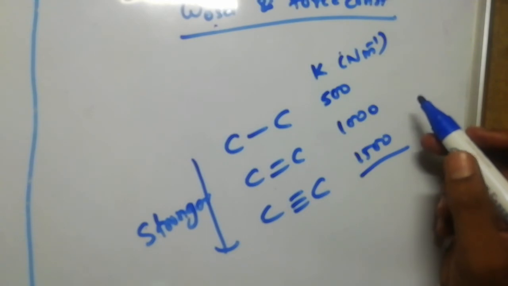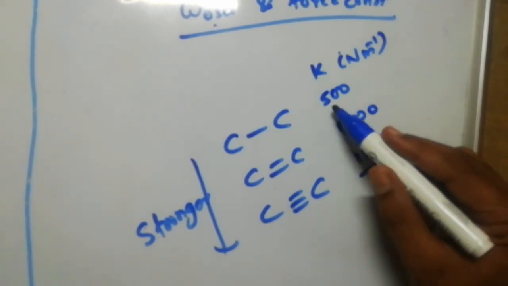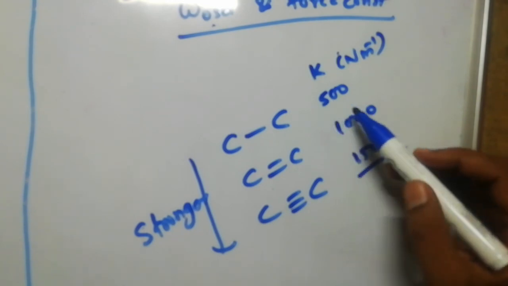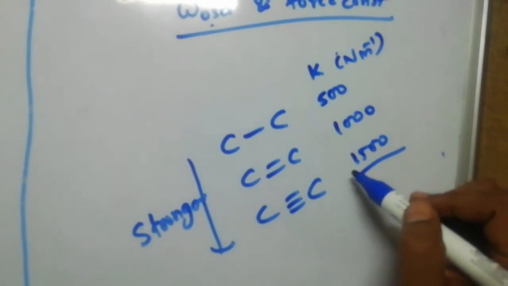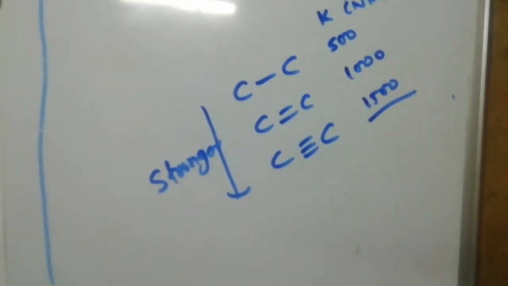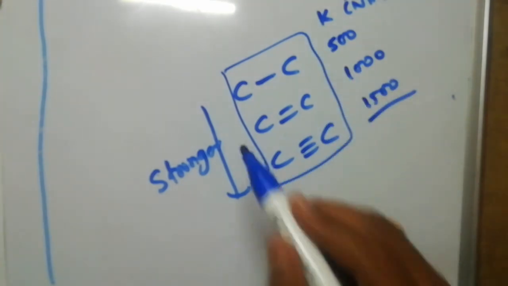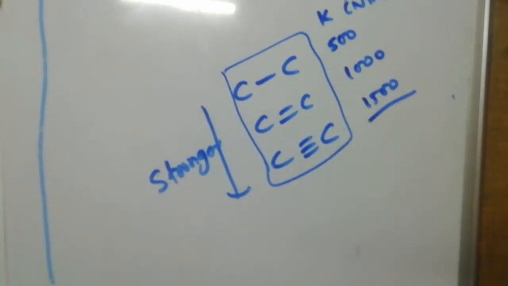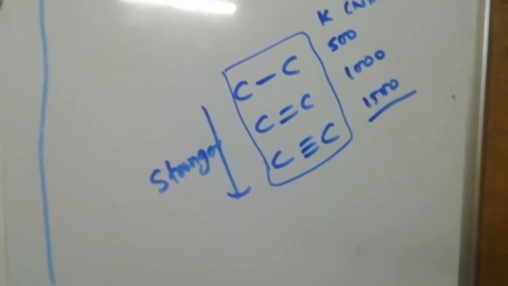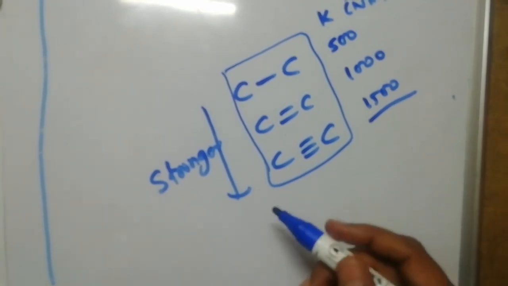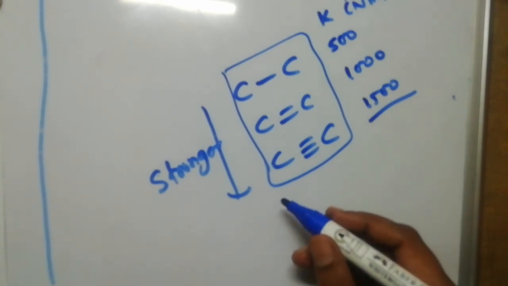So these clearly indicate that if the strength of the bond increases, the force constant also increases. So there may be an MCQ where you may be provided with 2-3 bonds, and you are asked to arrange those bonds in the order of decreasing or increasing force constant, right?